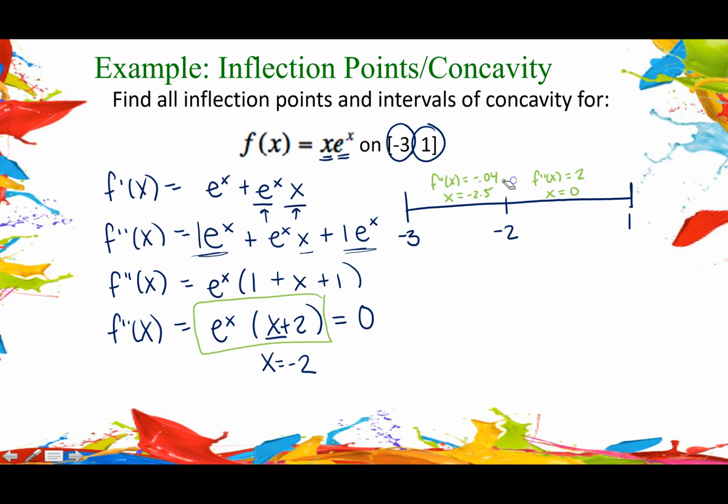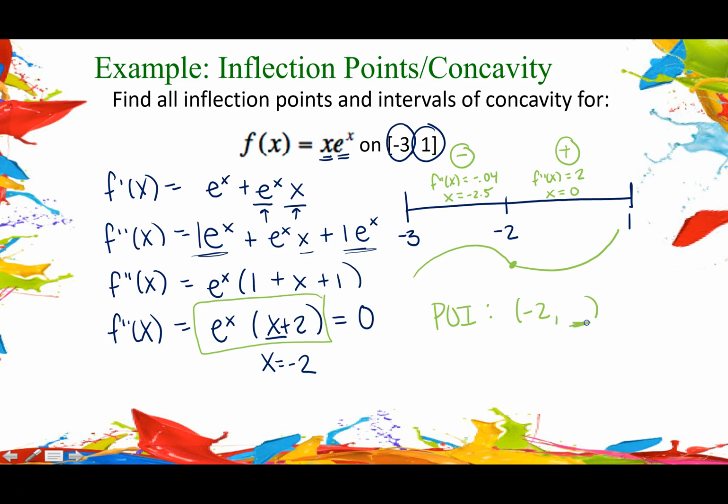And that means that I have a negative second derivative in this interval. Over here, though, when I plug in 0 into the second derivative, I get 2, which is a positive number in that interval. So this is implying concave down, and then this one is implying concave up. Because there is a change from minus to plus, it could have been plus to minus. As long as there's a change, you do have a point of inflection. So our point of inflection is going to be at -2.